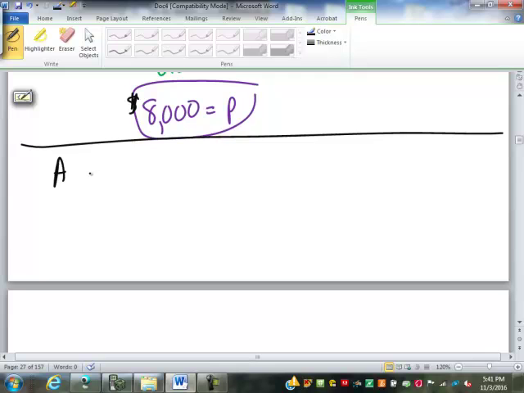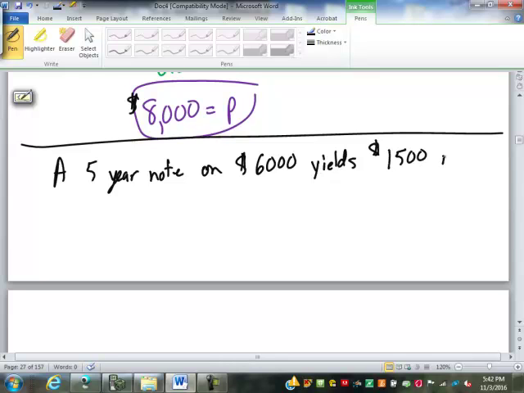Okay. Let's say a 5-year note on $6,000 yields $1,500 in interest. Find the rate.